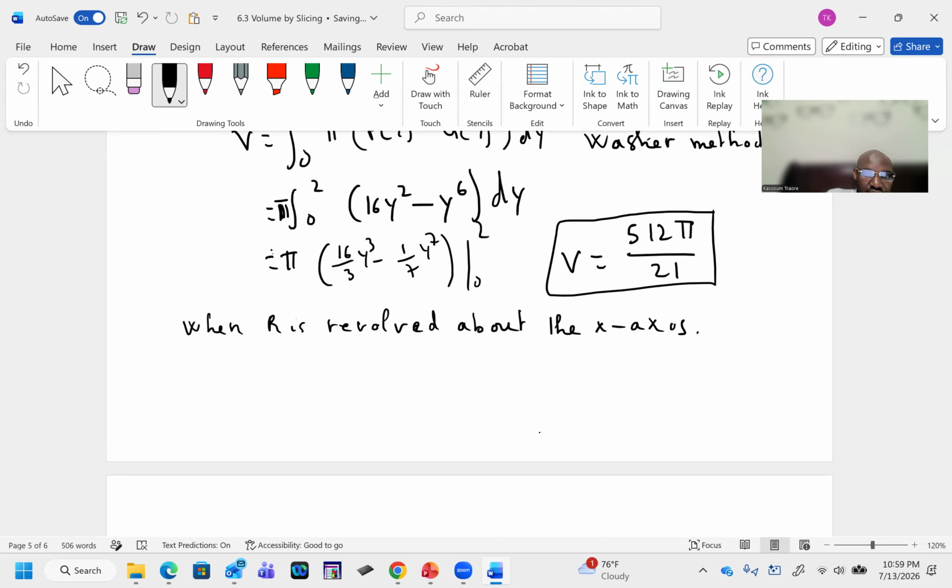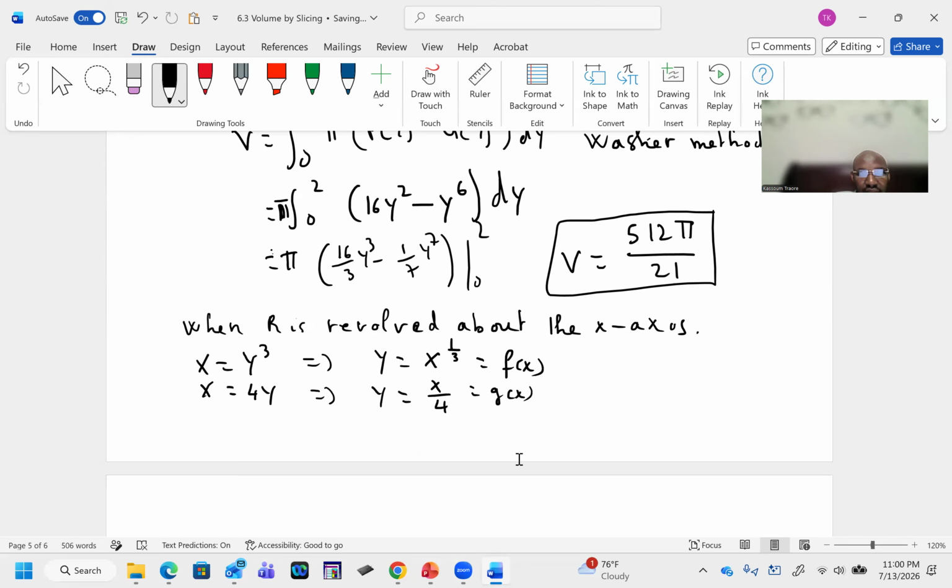we have the first curve when x is equal to y cube. This means what? Y will be equal to x to the power of 1/3, which would be my f of x. And we have x is equal to 4y. This also will be what? Y will be equal to x divided by 4, which would be equal to my g of x.